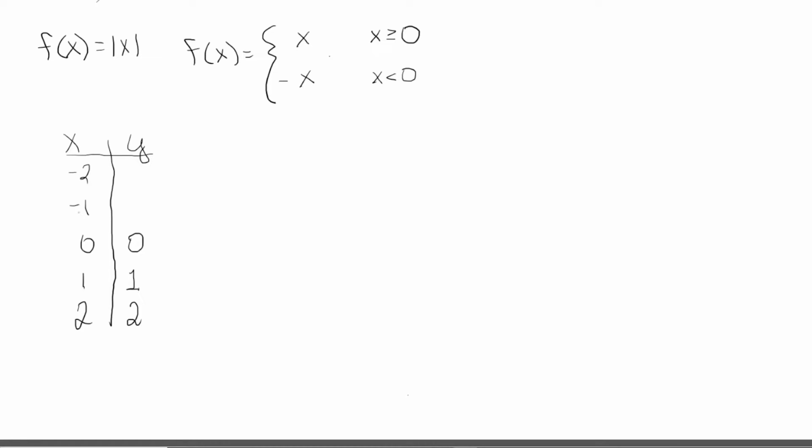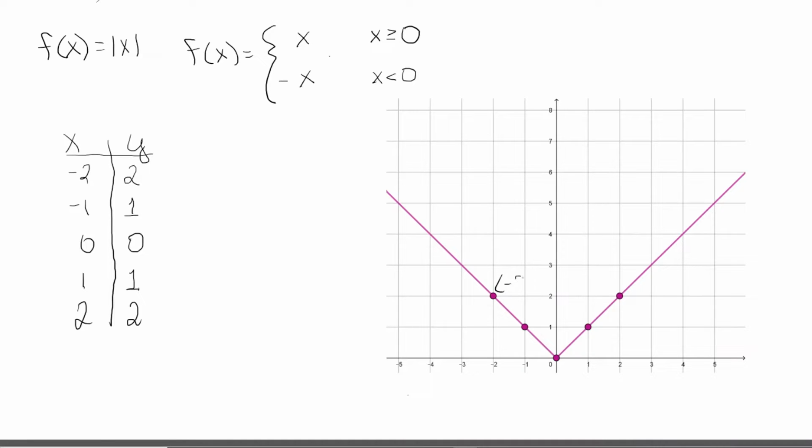For -1, since -1 is less than 0, I would have negative -1, which is 1. For -2, I would have negative -2, which is 2. I can plot these points, -2, 2, -1, 1, 0, 0, 1, 1, and 2, 2, and we can connect the dots to see that this graph looks like a V.